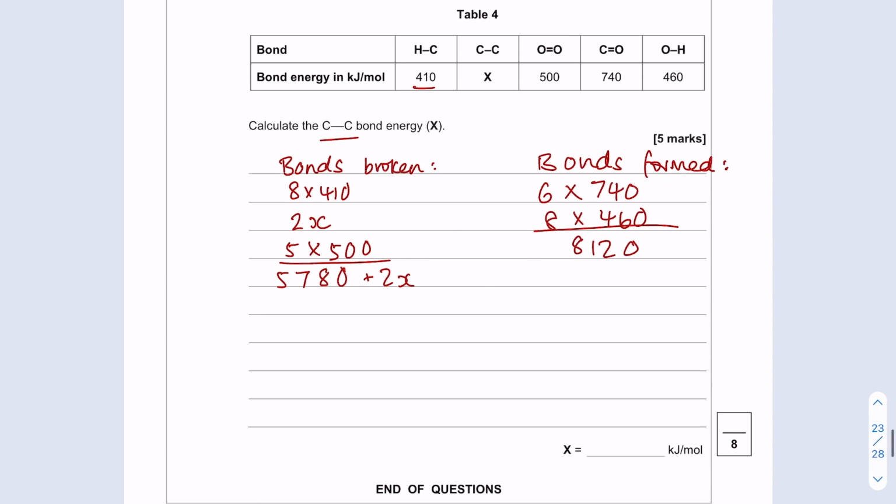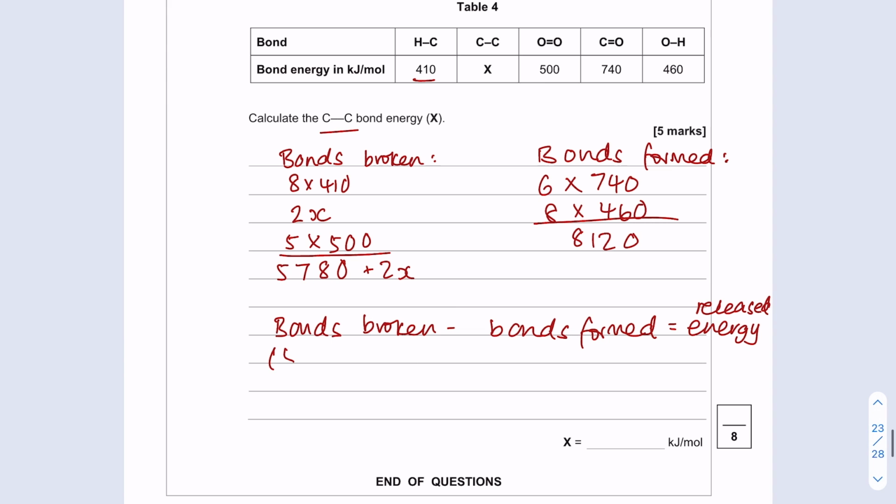And then just be careful with how you lay this out. So we know that we're doing bonds broken minus bonds formed equals energy released. So that looks like this.